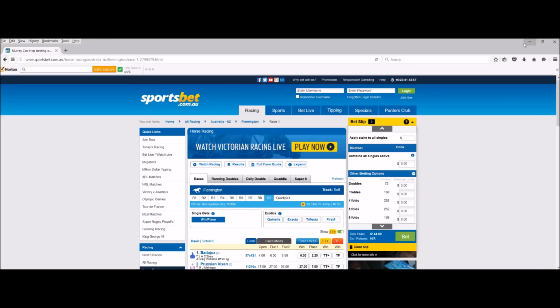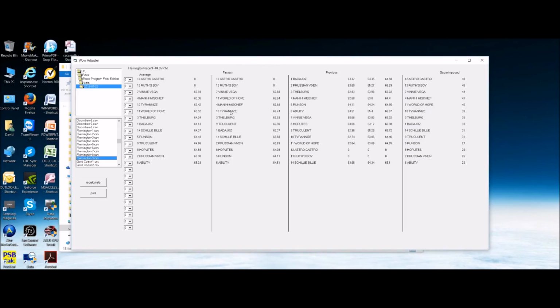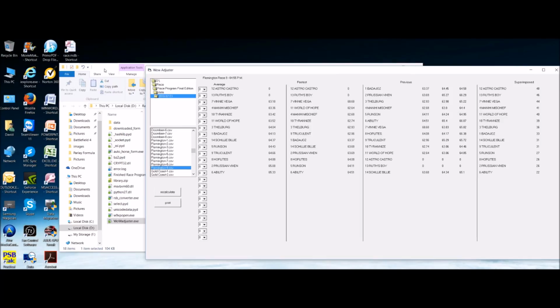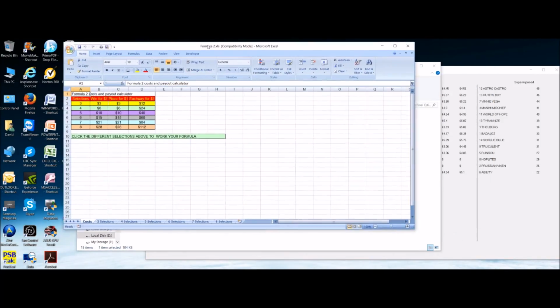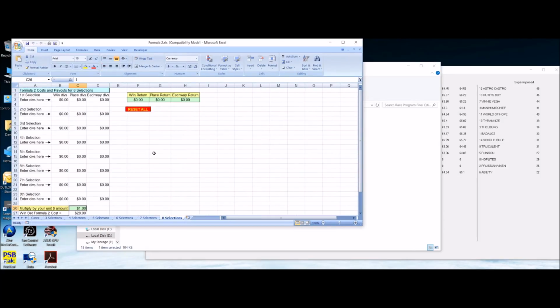How this calculates: I made a program, a Formula 2 program for an 8-horse parlay, and for a full dollar, let's just have some guesses of what horses might pay and which ones win.